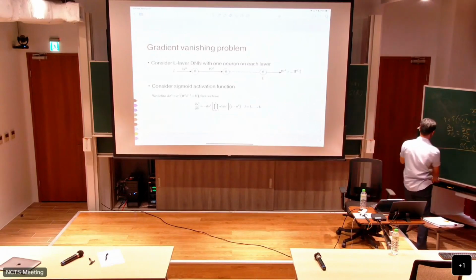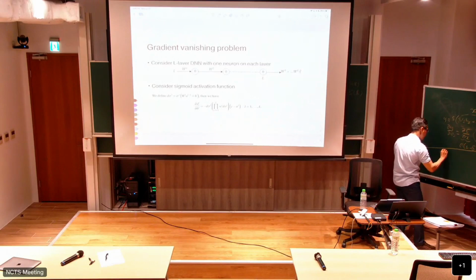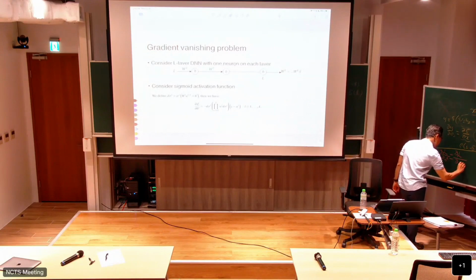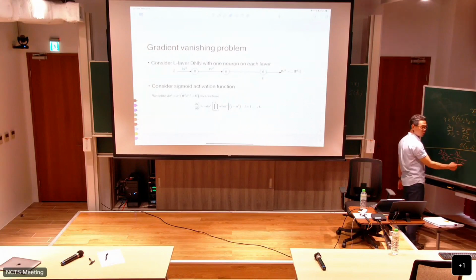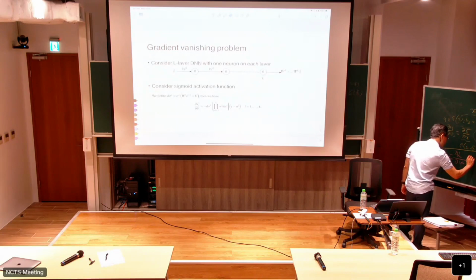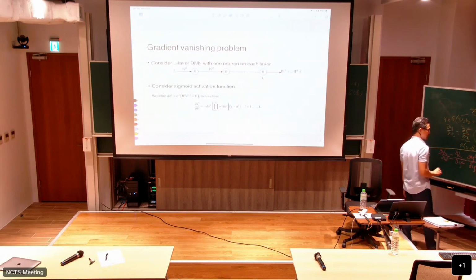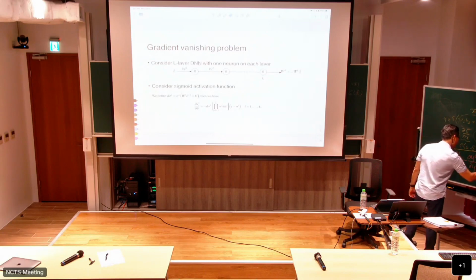And then remember that I want to calculate dL, the loss function, with respect to db_L. Of course, this is nothing more than the loss function with respect to dy_L, the output of the last layer, and then similarly dy_L with respect to db_L.